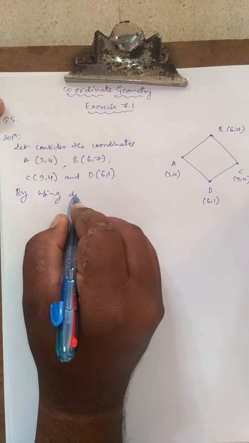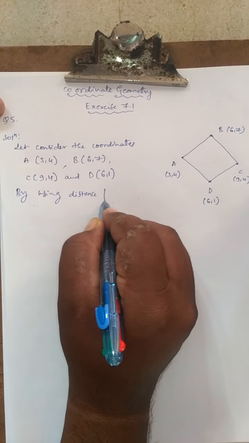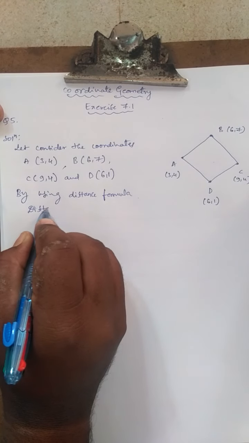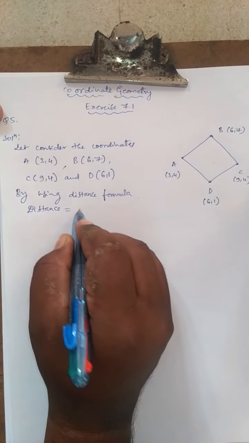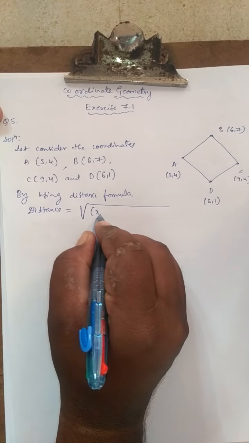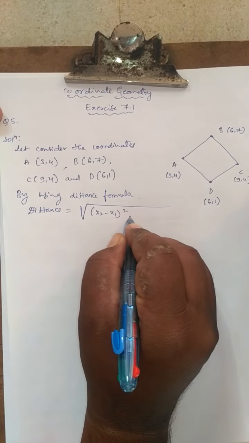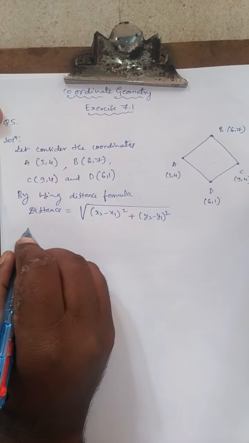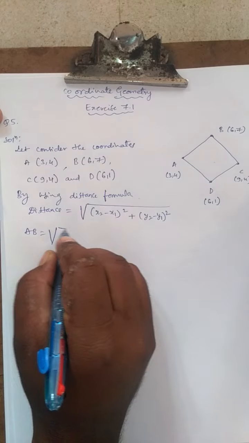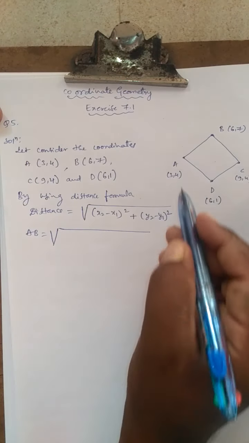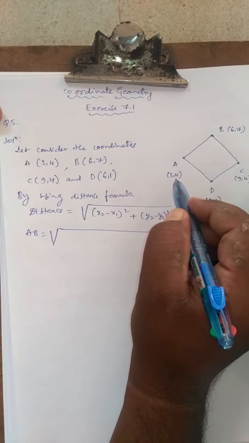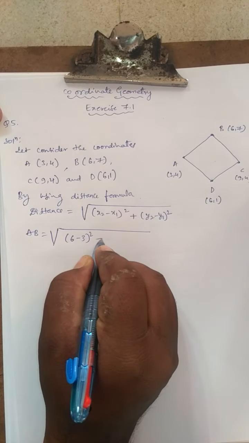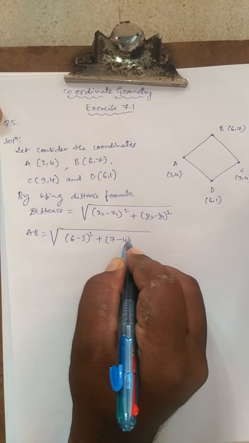What does the distance formula say? The distance between the coordinates is equal to the square root of (x2 minus x1) whole square plus (y2 minus y1) whole square. For AB, this is x1 y1, this is x2 y2. So what happens? 6 minus 3 whole square plus 7 minus 4 whole square.